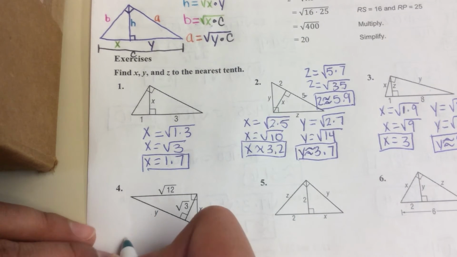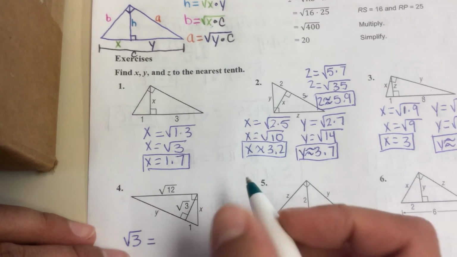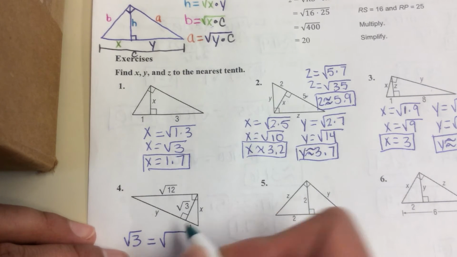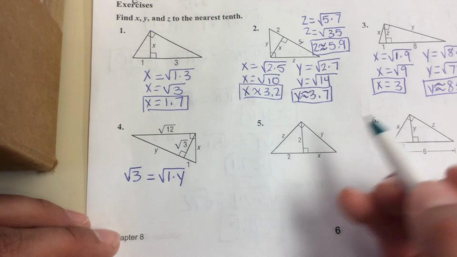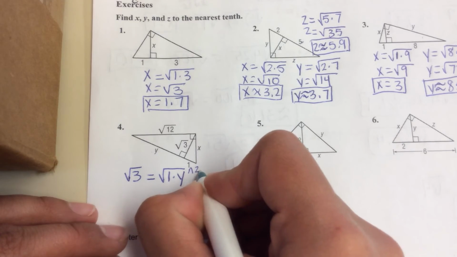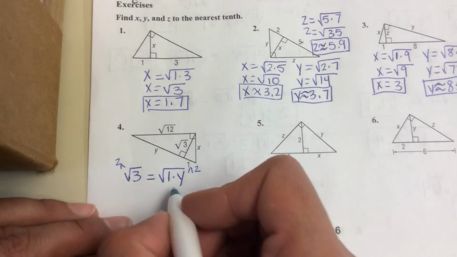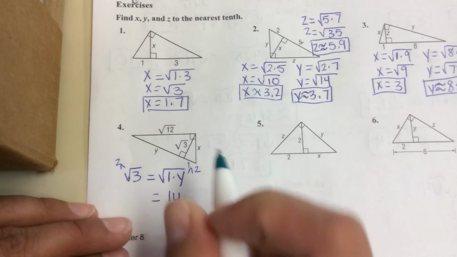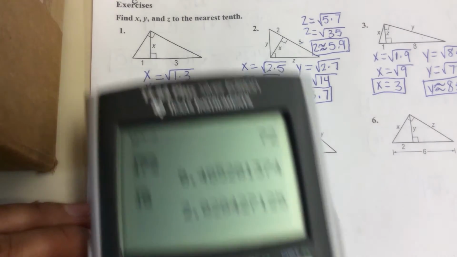So we're going to take the square root of 3 and set it equal to the square root of 1 times y. Now in order to get this y out of here, we need to square both sides. So that gives us 1y is equal to, and when you square a square root, it gives you that same number that's in there.